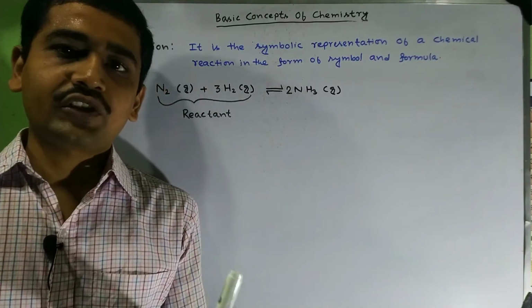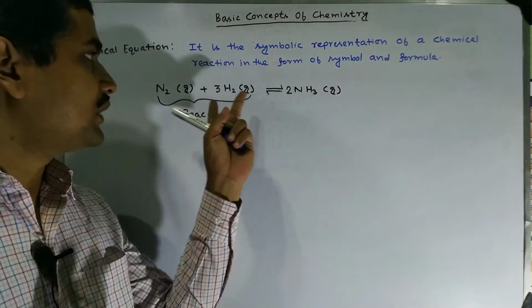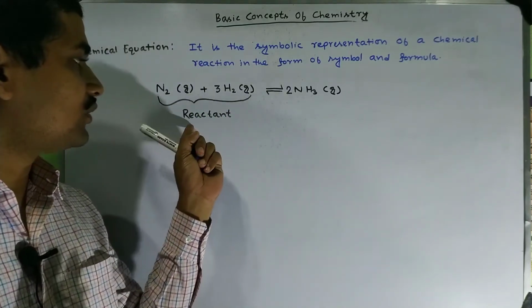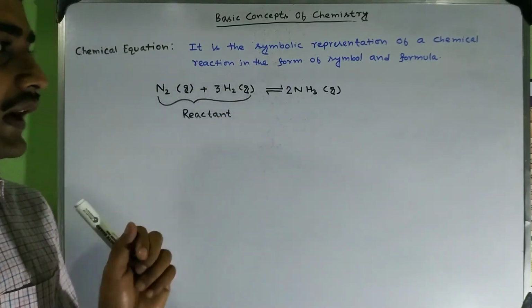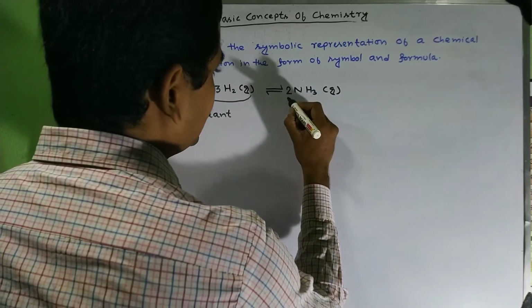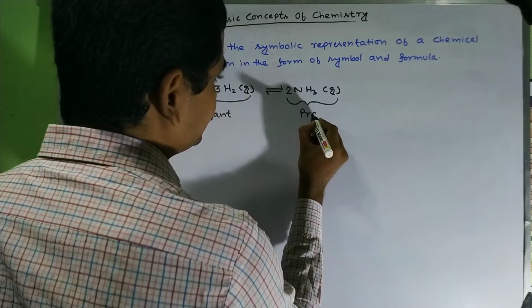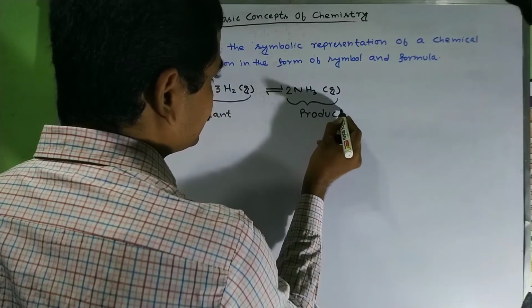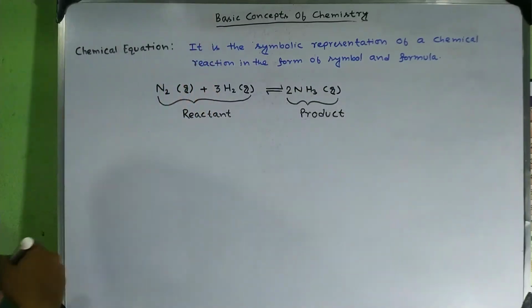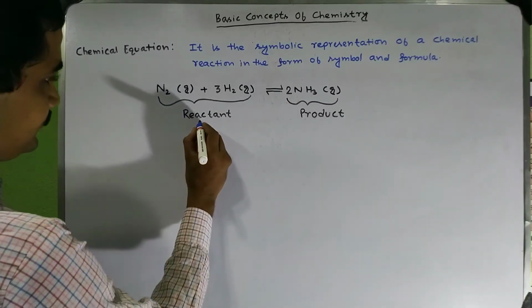The left hand side of a chemical equation is called the reactant, and the right hand side is the product. Okay, now if anyone asks you what is a reactant, it is the substance which takes part in the reaction.